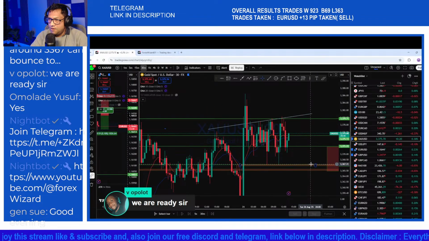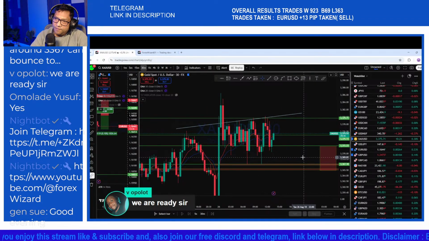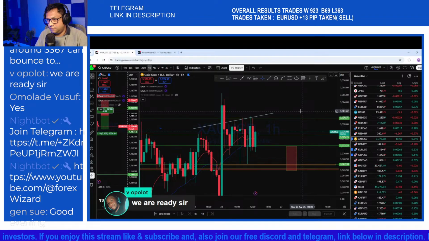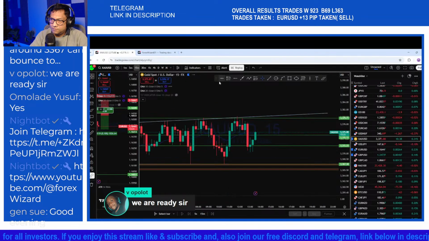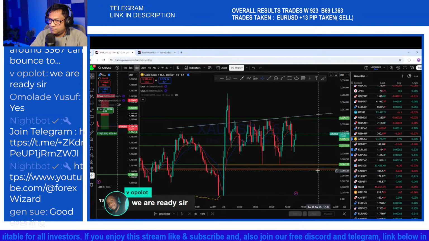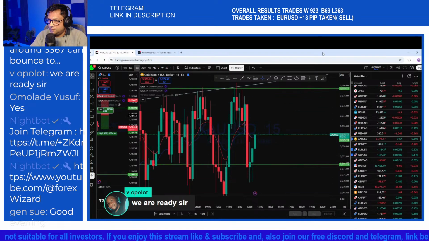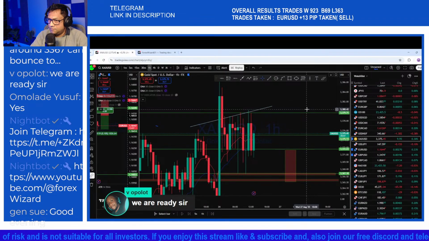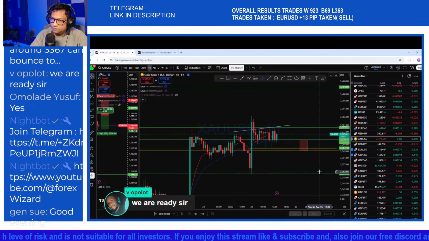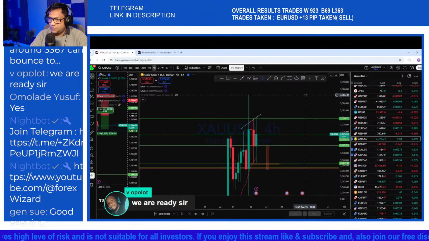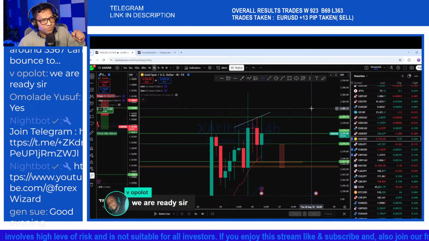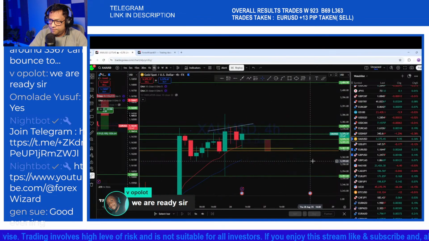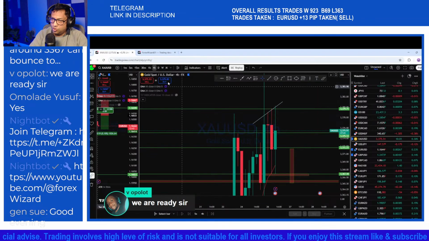Going back to the 4-hour, on gold, gold is creating price action in a way that it can still remain bullish, depending on how the 4-hour closes. The next 30-minute candle is very important.